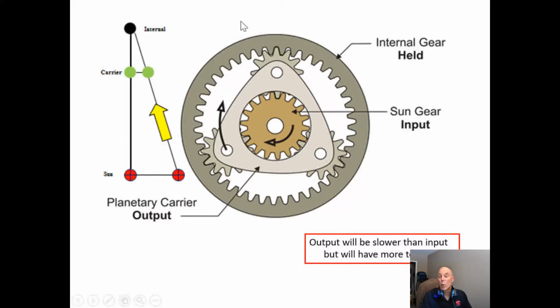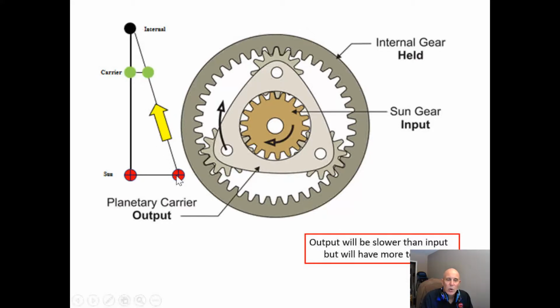Then what we need to know is what our input gear is. In this case, our sun gear is our input. So our arrow would go from our sun gear to our carrier, because that is our output. We draw an arrow that way. Now we do a calculation. Let's just say that our sun gear here is 5 inches across, and this is 2 inches across.